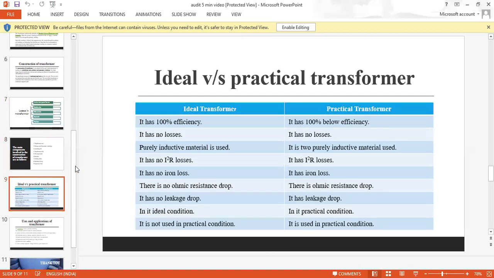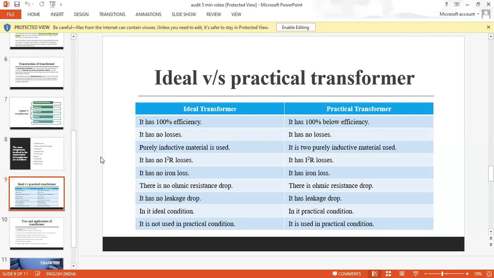This slide is all about the ideal and the practical transformer. When we talk about the ideal transformer, we know that it has 100% efficiency and doesn't have any losses.